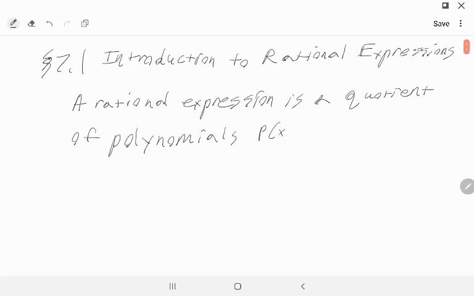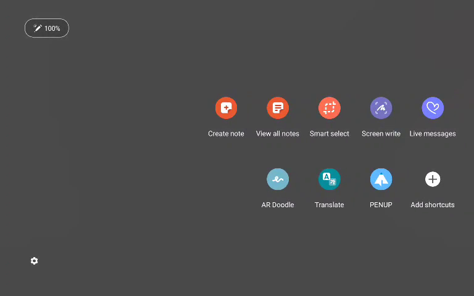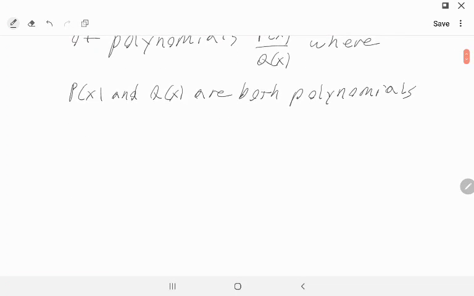So essentially p of x divided by q of x, where p of x and q of x are both polynomials, and q of x isn't 0.